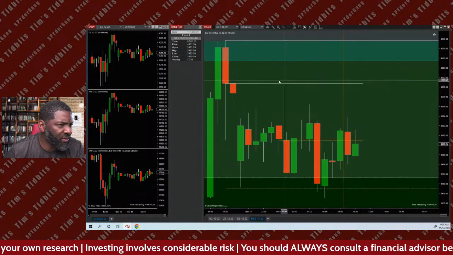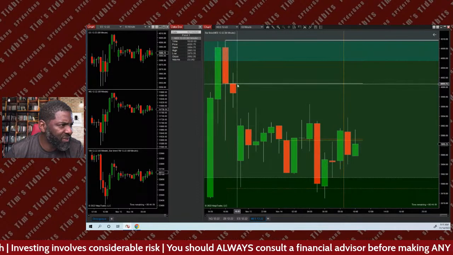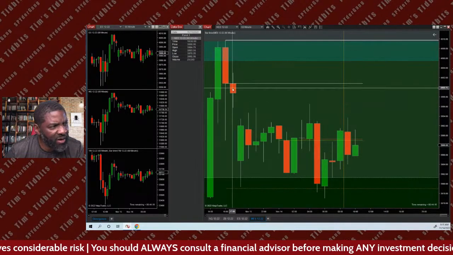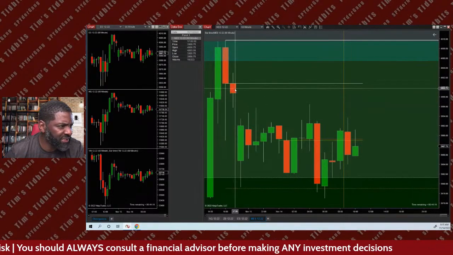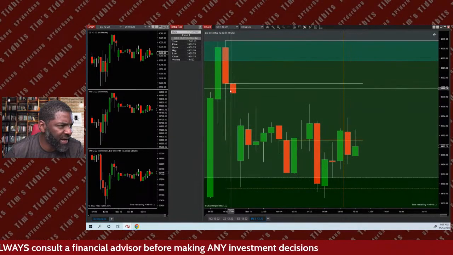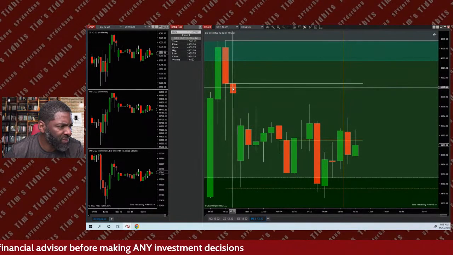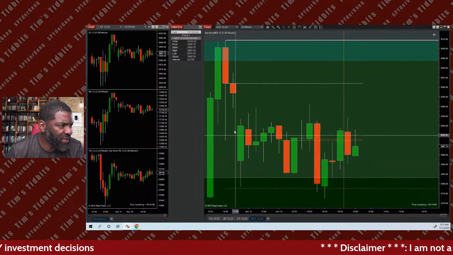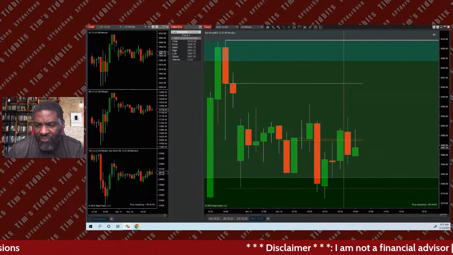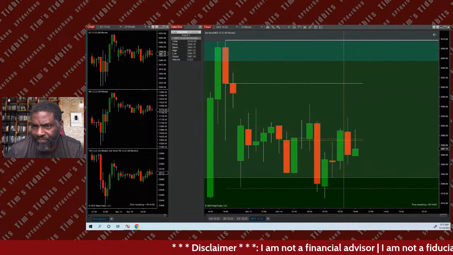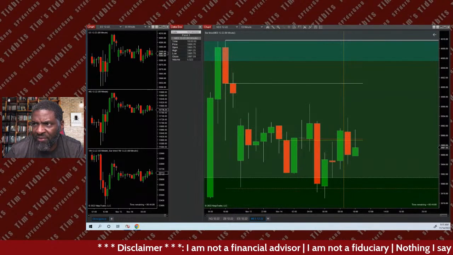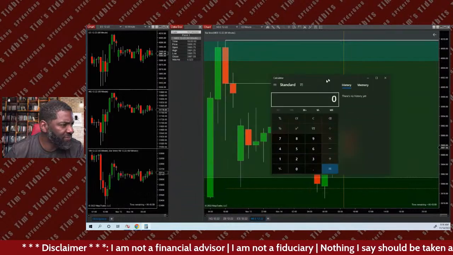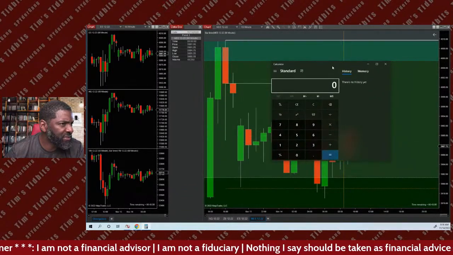We closed Friday right here where this white line is. Then the 1700 candle, that's the hour after the New York session is officially closed. This is the last hour of the futures. And then we opened up Sunday night all the way down here. We gapped down. How much did we gap down? Let me get my calculator because my math don't be mathing sometimes.